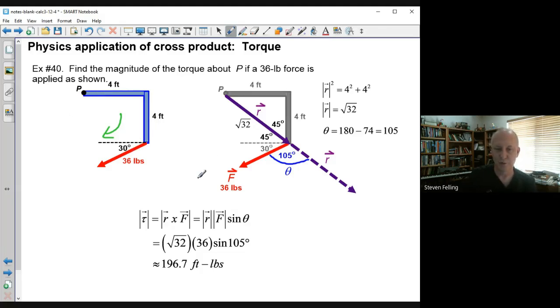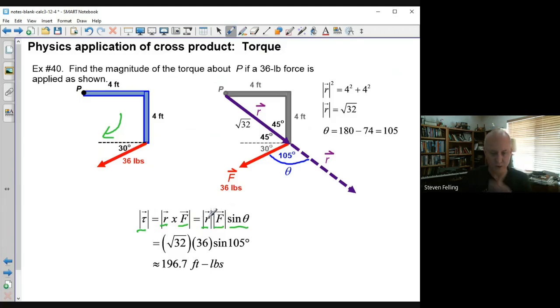All right, so remember we said the torque is equal to the r vector cross the force vector. Or we can also say, and sometimes in fact this is easier to calculate, for a cross product, we know that's the magnitude of one vector times the magnitude of the other vector times the sine of the angle. And for torque problems, a lot of times it's easier to use the second formulation, so that's what we're going to do here.